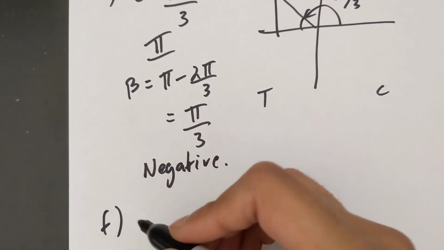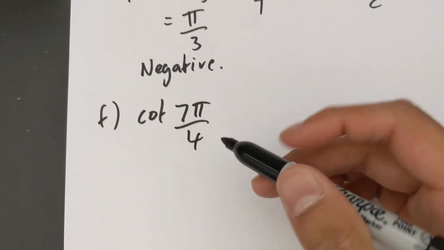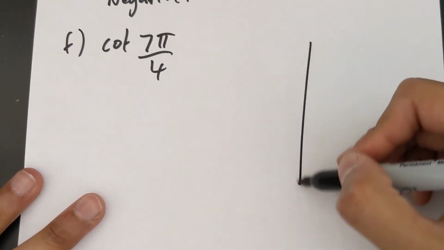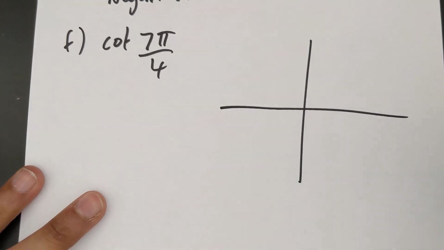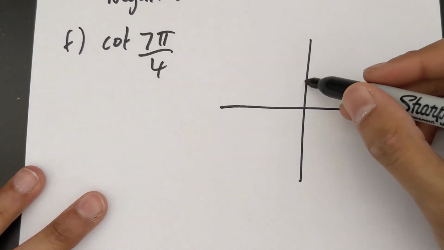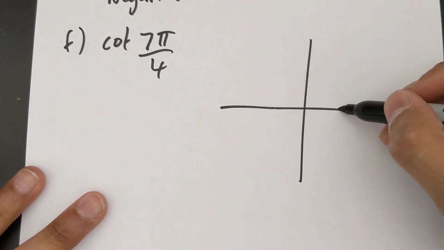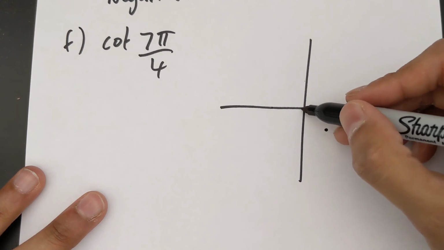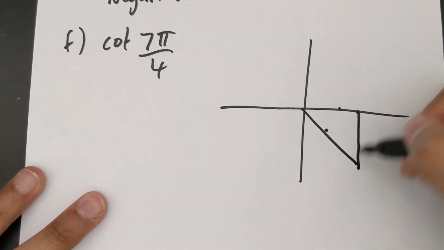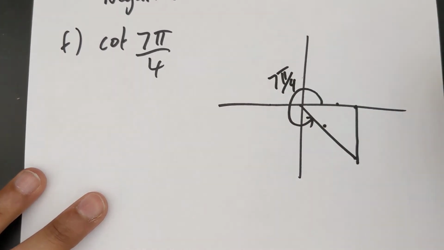And last one, f, cot 7 pi over 4. So cot is just 1 over tan, so it follows the same rules as tan. My denominator is 4, it means I'm going 1, 2, 3, 4, 5, 6, 7, 8. So 7 pi over 4 is right over there. Now that whole angle is 7 pi over 4.